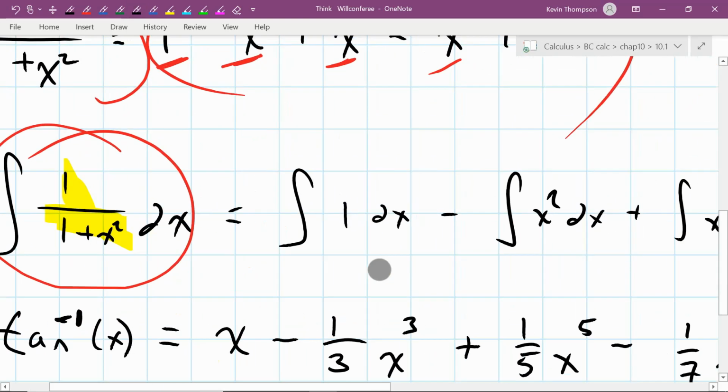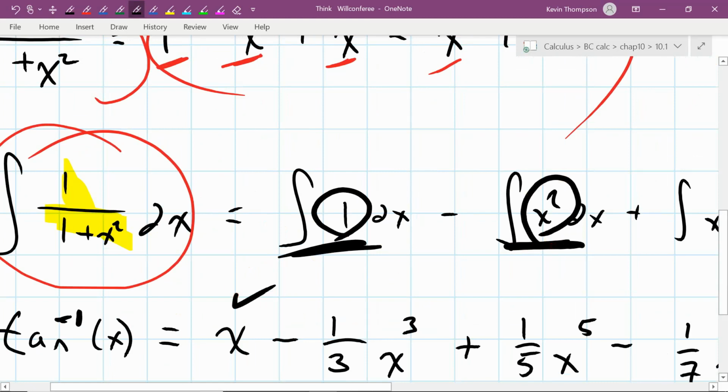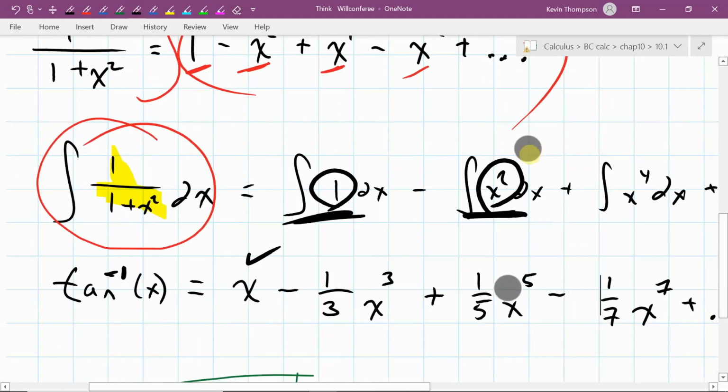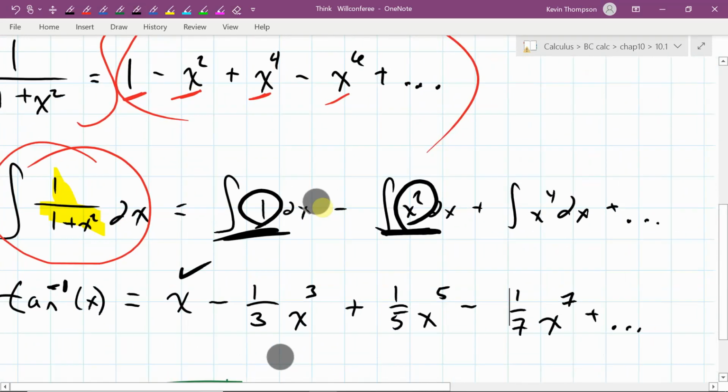So all of these antiderivatives here are easy, aren't they? The antiderivative of 1 is x. The antiderivative here is x cubed divided by 3. X to the 5th divided by 5, and on and on and on.